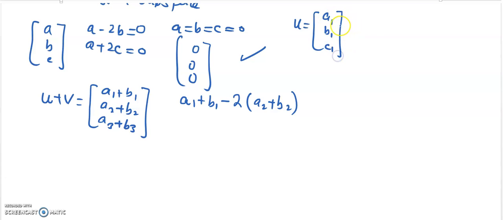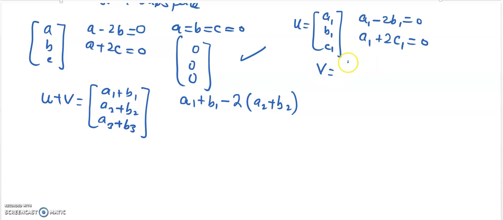From here, the condition will be A1 minus 2B1 is equal to 0 and A1 plus 2C1 equals 0.